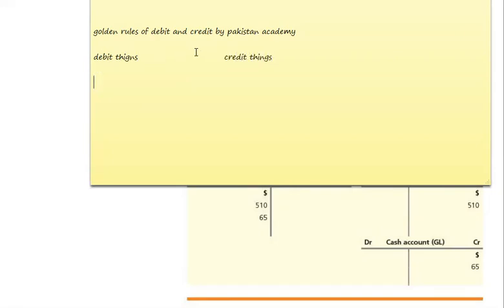Cash inflow is debit and cash outflow is credit. Purchases are debit. Sales are credit. Sales return are debit. Purchases return are credit. Expenses are debit.